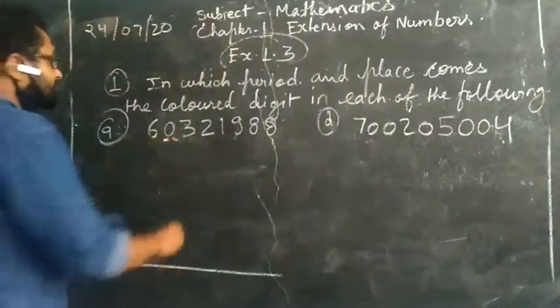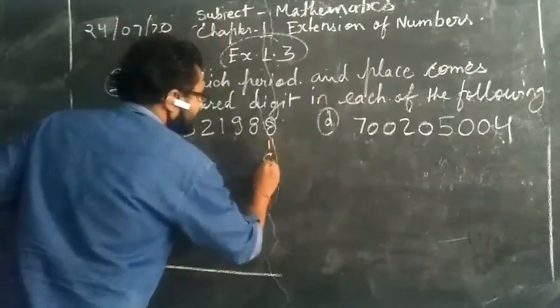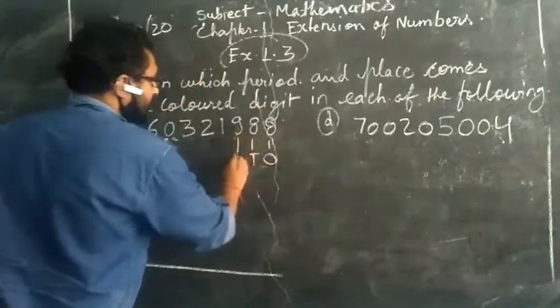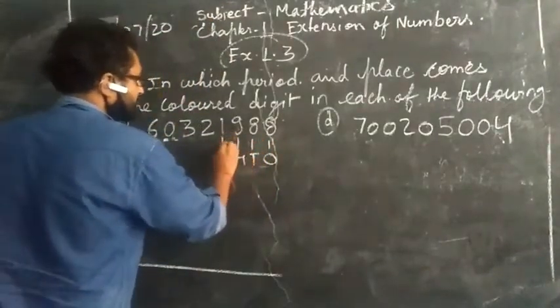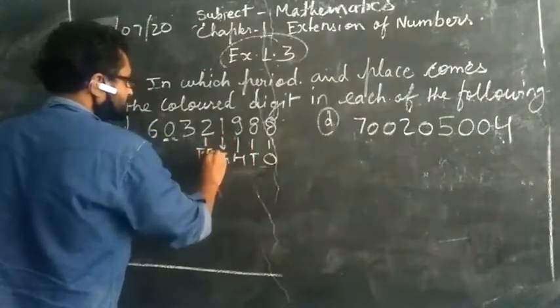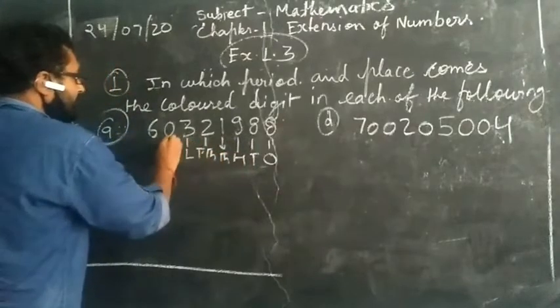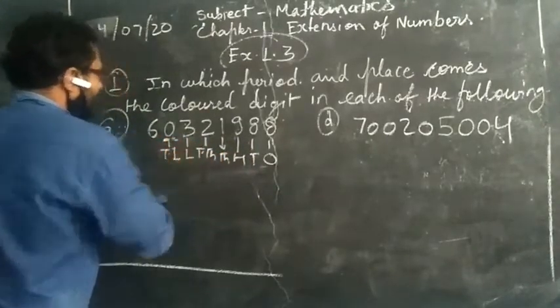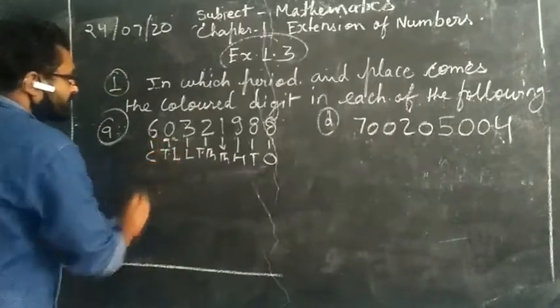Now we will see here ones, tens, hundred, thousand, 10,000. This is lakh. And this is 10 lakh and this is crore.